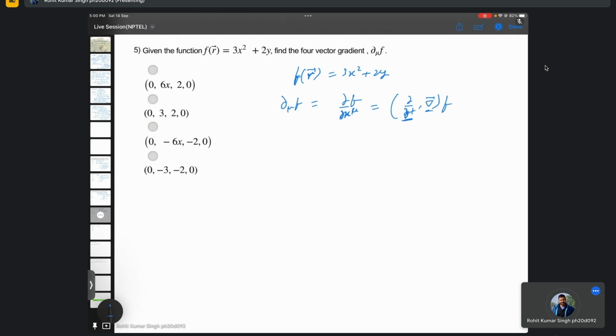So applying this spatial derivative on 3x square plus 2y gives you 6x plus 2, right?